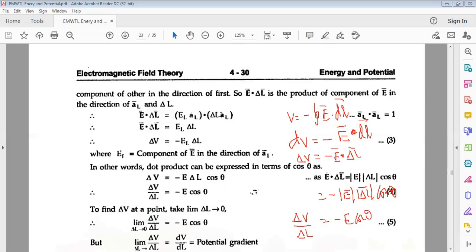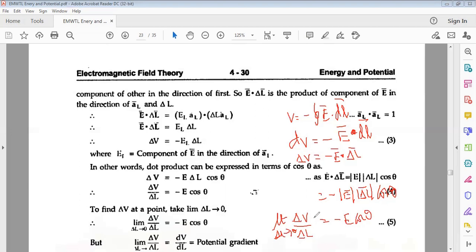To find delta V at a point, take the limit delta L tends to 0 on both sides. In the right-hand side there is no delta L, so no need of representing the limit delta L tends to 0.